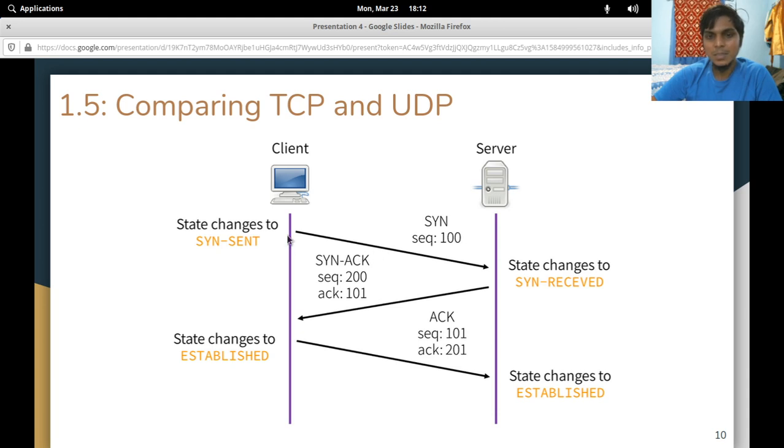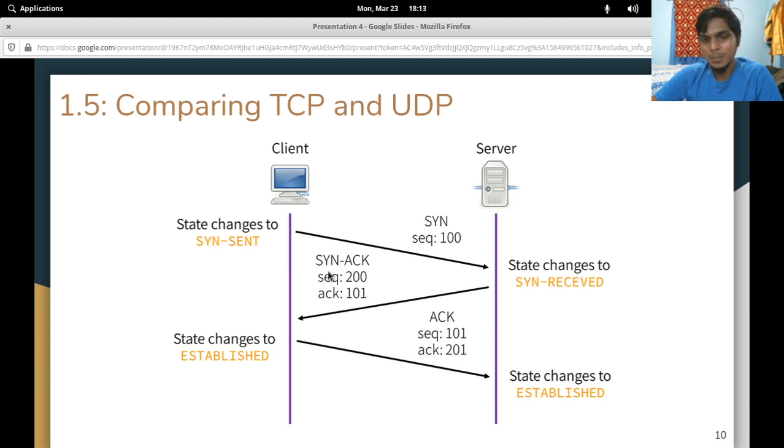So the whole point of the SYN, SYN-ACK, and ACK was to synchronize sequence numbers, right? We said we start off with a random number, for instance 100 from the client, and the server will ACK with the sequence number just one above that, to tell the client that they acknowledge sequence number 100 and they're expecting 101 to come next.